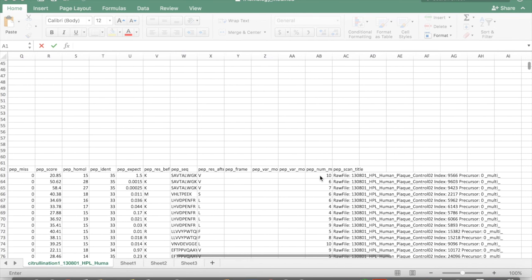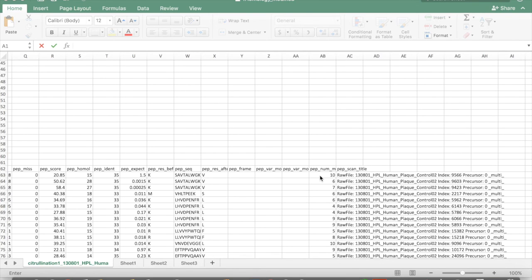And finally, peptide non-match, number of fragment ion matches used for scoring.